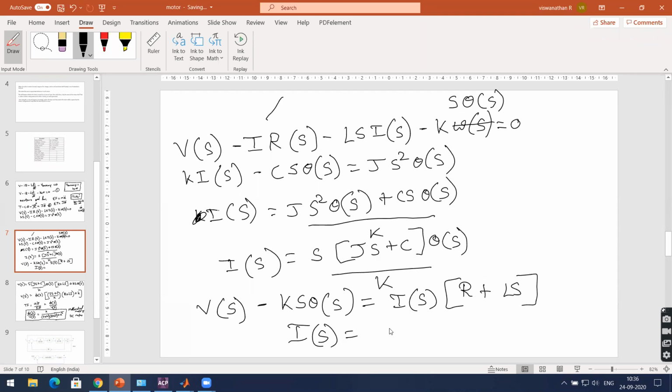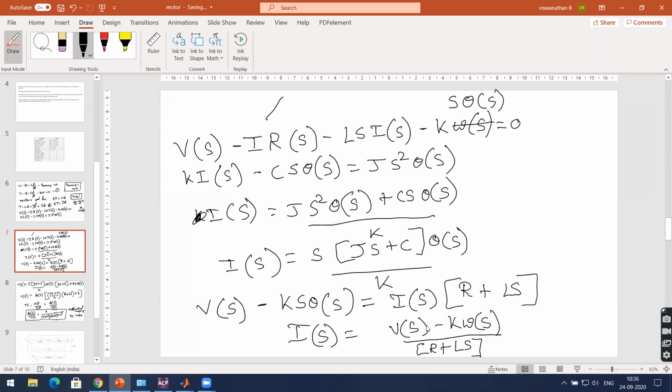It will be V of s minus K into s theta of s, which can be written as omega, divided by R plus Ls. So I am writing it this way: I of s is equal to V of s minus K into s theta of s, written as omega of s, divided by R plus Ls.